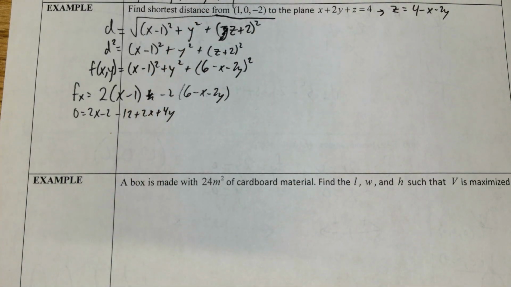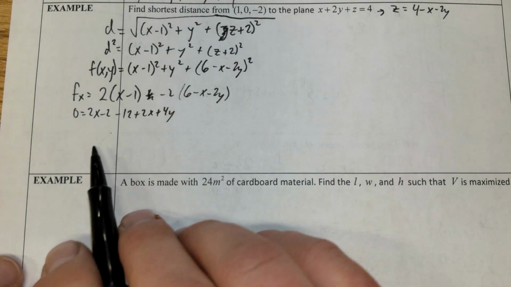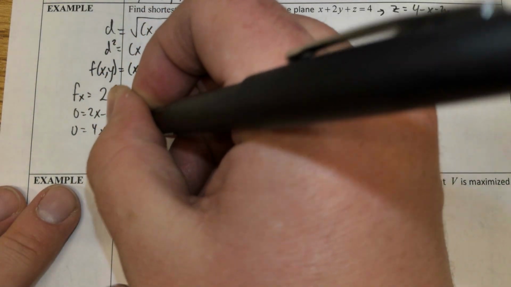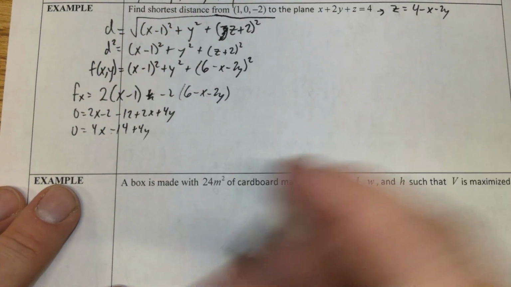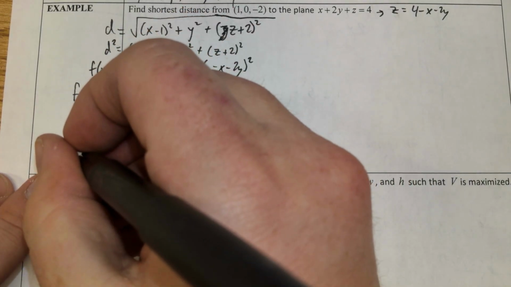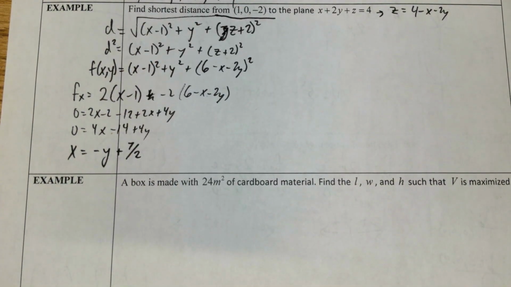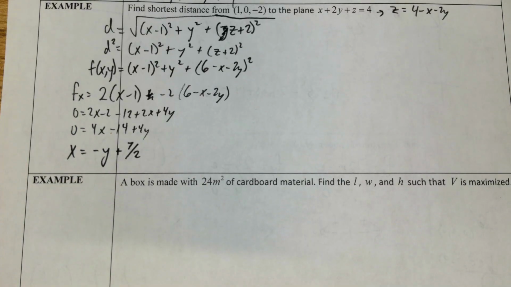All right, and this thing simplifies down just a little bit. If you're going to trust me a little bit here, 4x minus 14 plus 4y. And if I solve this for x, which I want to, I get negative y plus 7 halves. I hope you believe me that we can make those kinds of steps there.